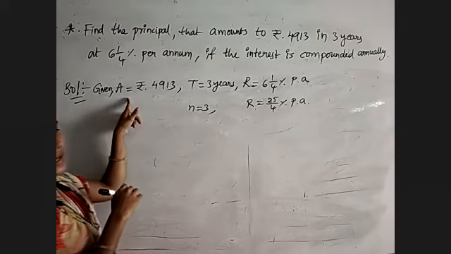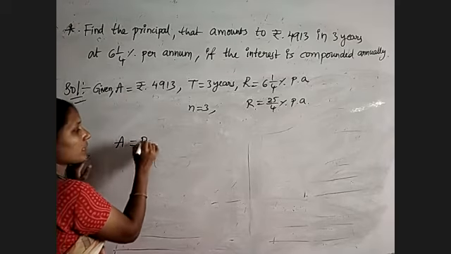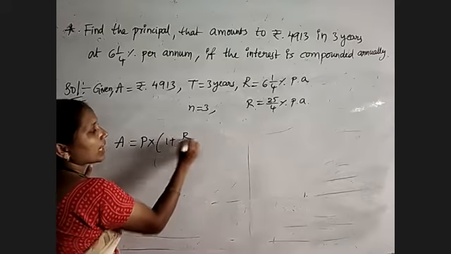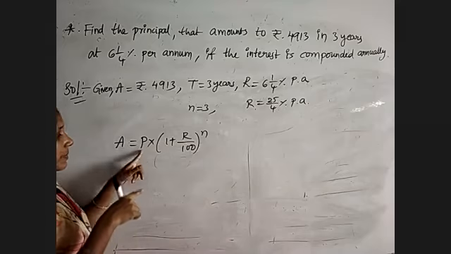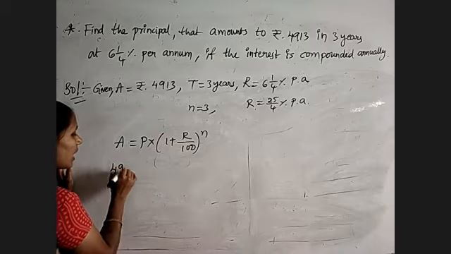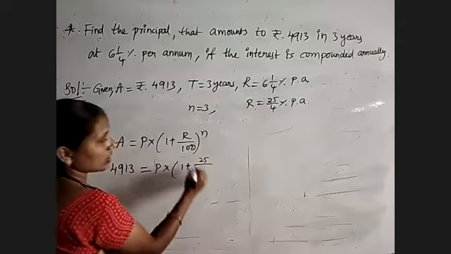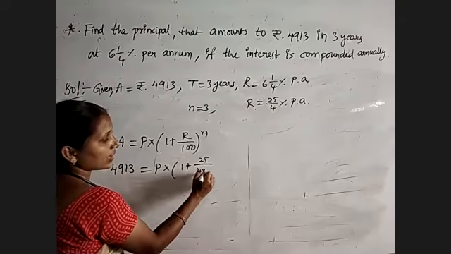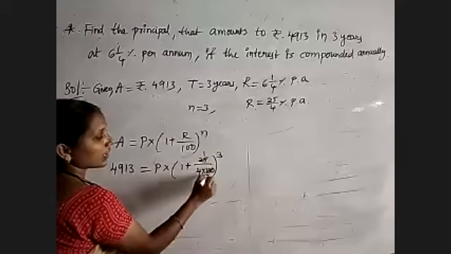And here instead of principal they have given the amount, so use the same formula. Amount is equal to principal into 1 plus r by 100 whole to the power of n. We need to find the P value. Except P, substitute all the remaining values. So 4,913 is equal to P into, r is divided by 4, so 4 into 100, whole cube. 25 4s are 100.